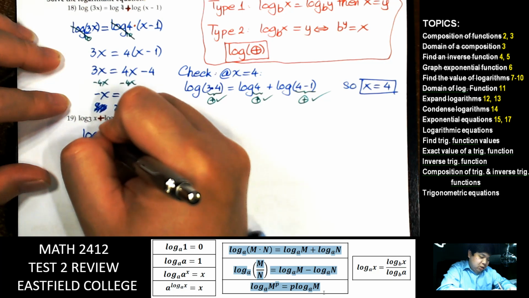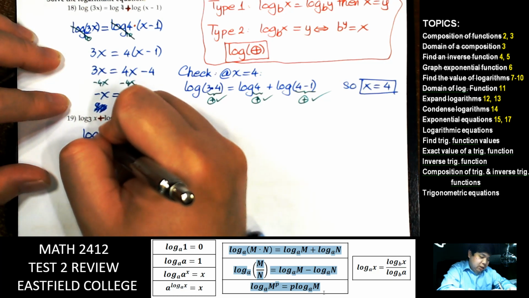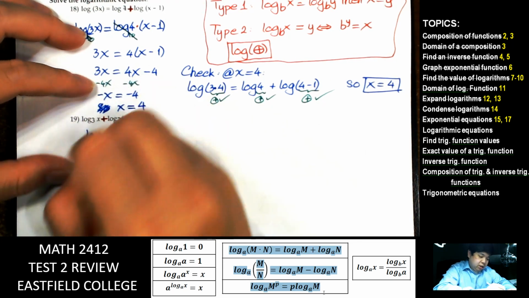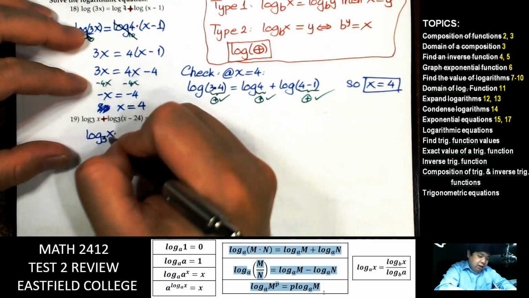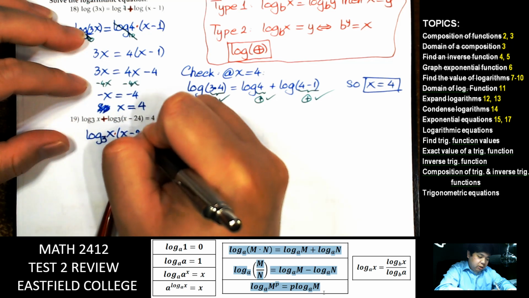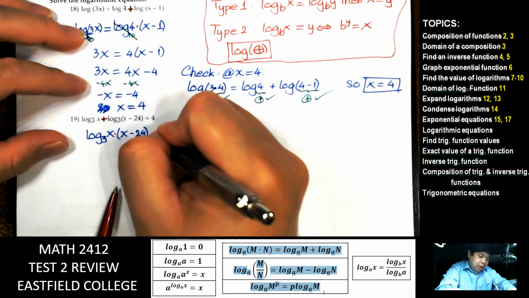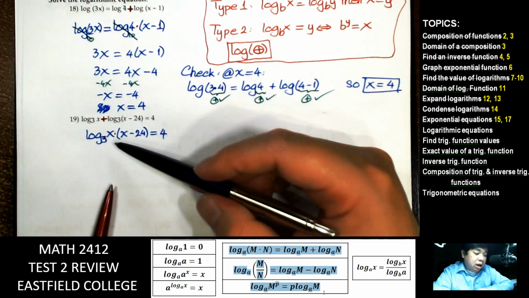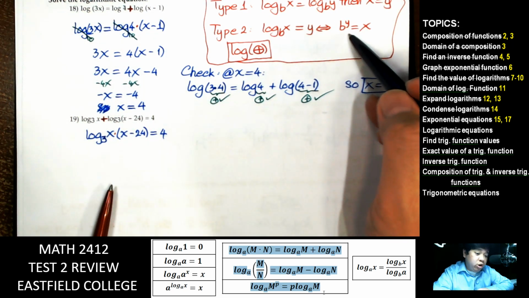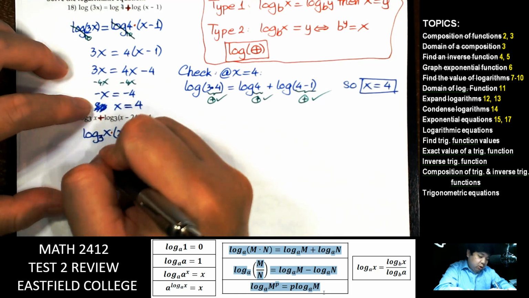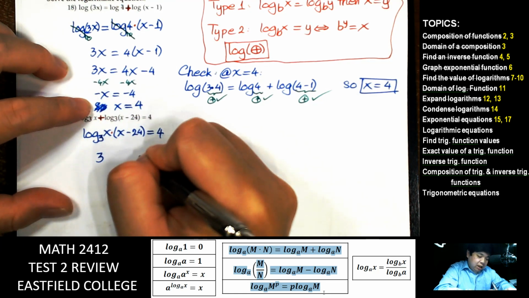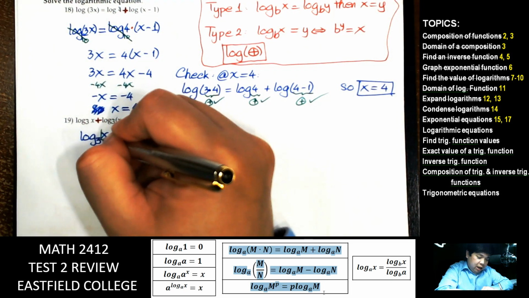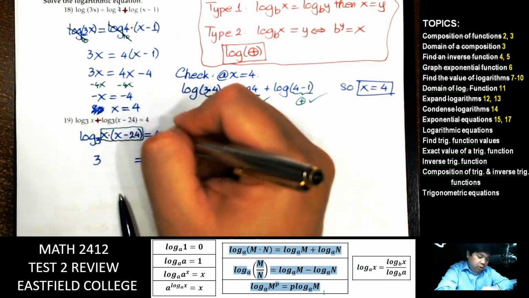So log base 3 of x multiplying x minus 24 equal to 4. Again, there's a number by itself. If there's a number by itself, we have to swap to exponential form, meaning that we write 3 and the equal sign, and then we swap x times x minus 24 and 4.